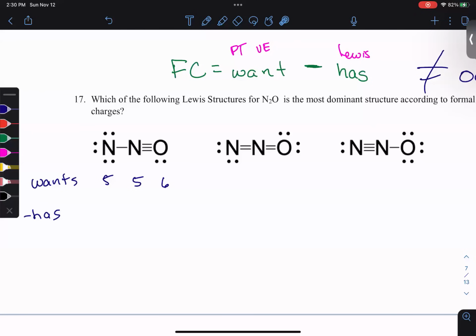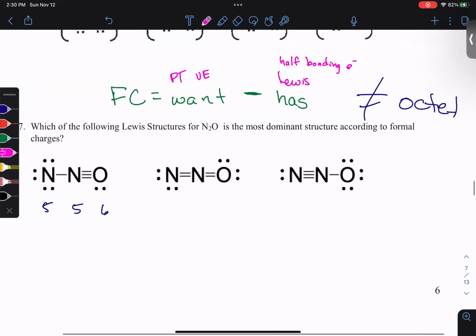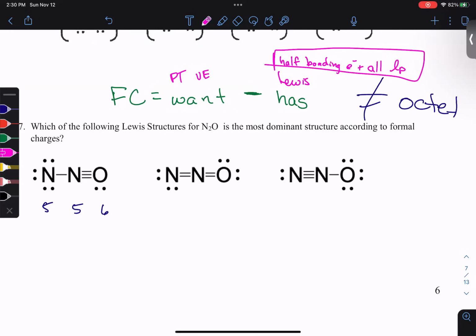They all have 8 electrons somehow being shared with it. So formal charge is not the same as octet, right? So what we want to do for has is only count half of the bonding electrons, but count all of the lone pairs. So that's how we calculate has.